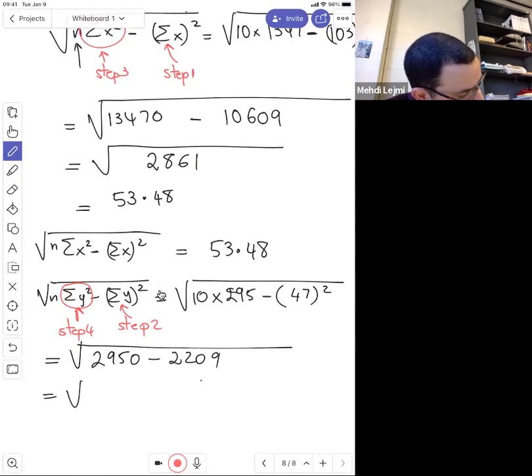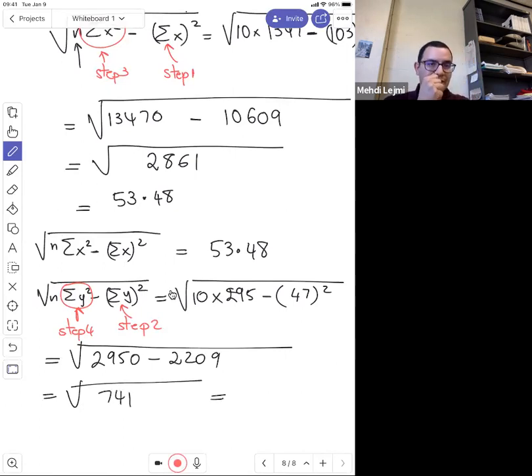You take the difference with 2,950, and this is equal to 741. The last thing to do is to apply the square root. So this is the square root of 741, and that's 27.22, I think.